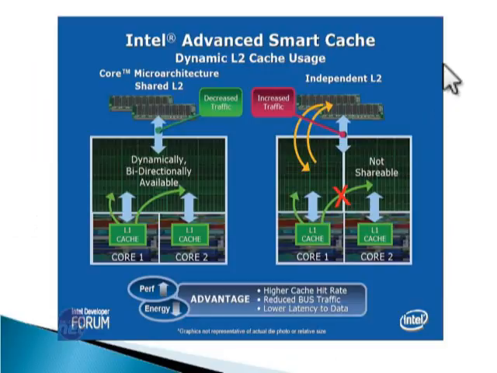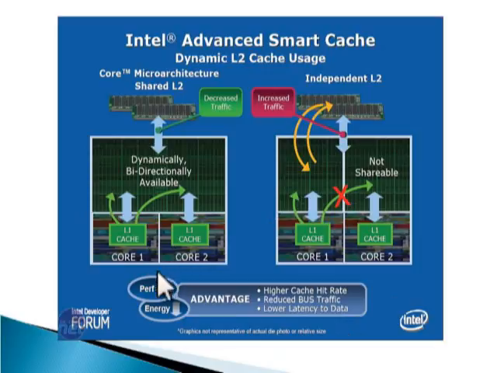Intel uses advanced smart cache technology in all the processors starting from Intel Core 2 Duo, which was introduced in the year 2006. This diagram depicts two cache architectures: one is the shared cache architecture, the other the dedicated cache architecture.